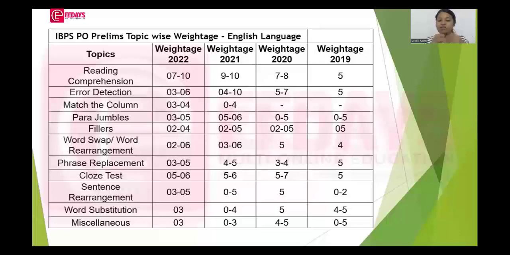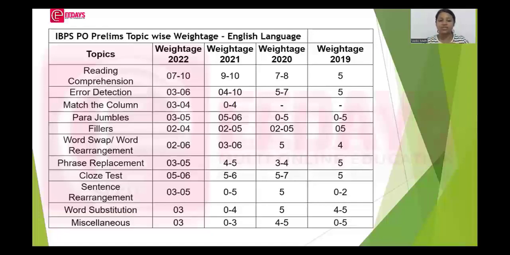And coming to error spotting or error detection, on average it's 5 to 6 marks. When you're good in error detection, you can also go with sentence correction easily. Coming to match the following, like 3 to 4 marks.